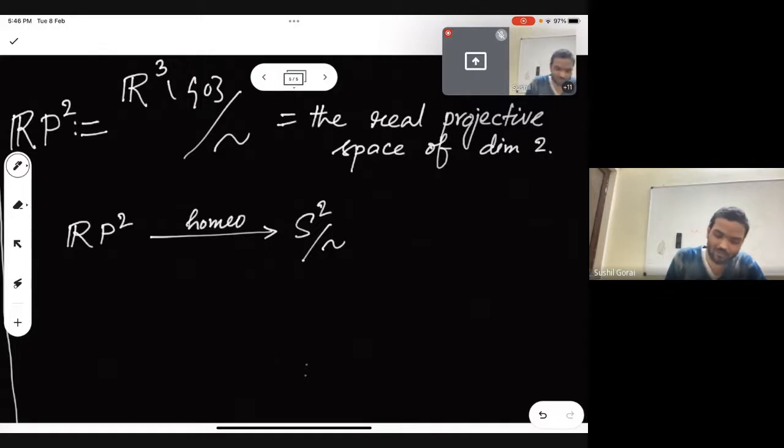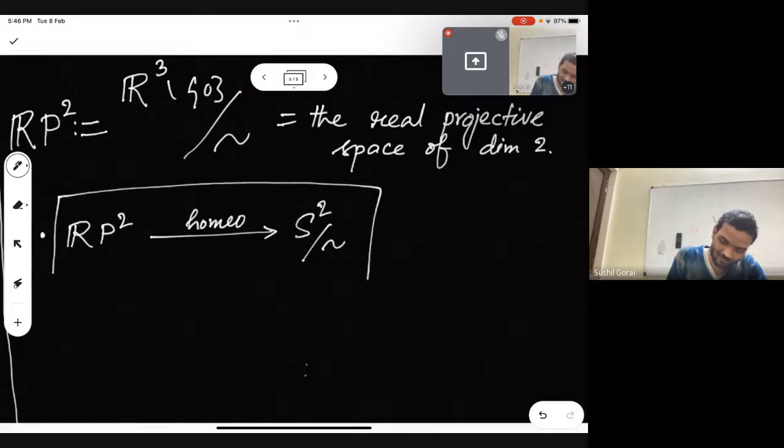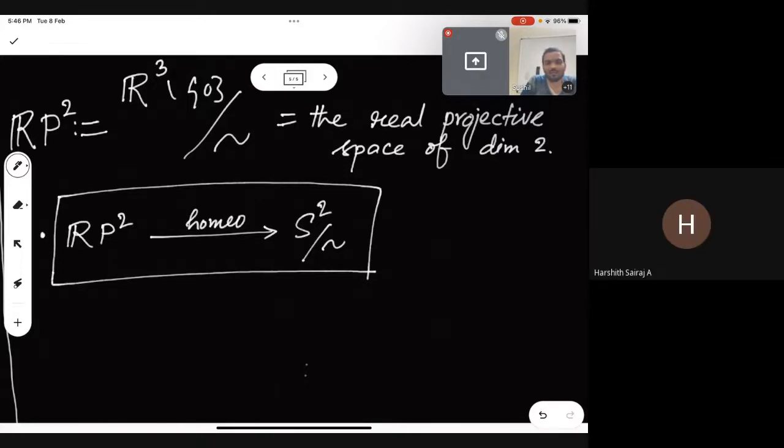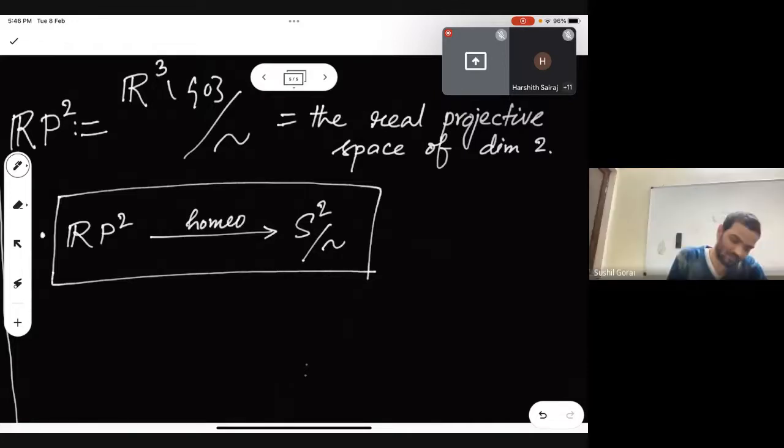So what map can you give here? Has anybody seen this? Yes, sir, if we normalize the vector to unit length, we get a map.